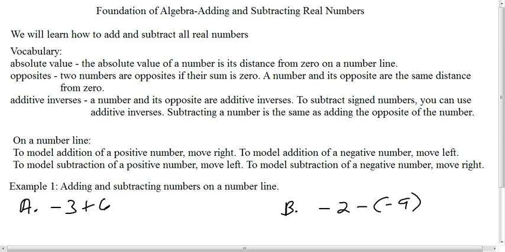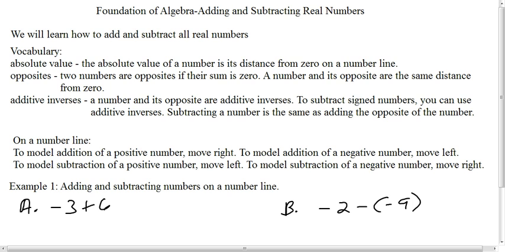And then additive inverses. A number and its opposite are additive inverses. You see how these things really correlate? So -10 and 10 are additive inverses, and you need to keep that in mind, because as you get to solving equations for a variable, you need to know this additive inverse.